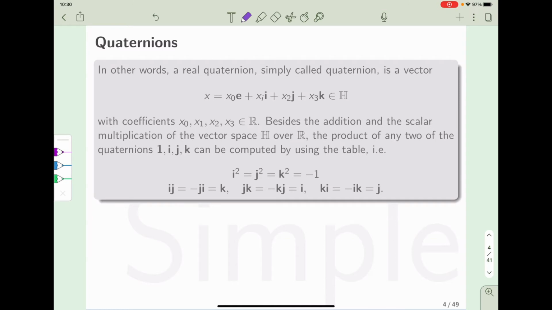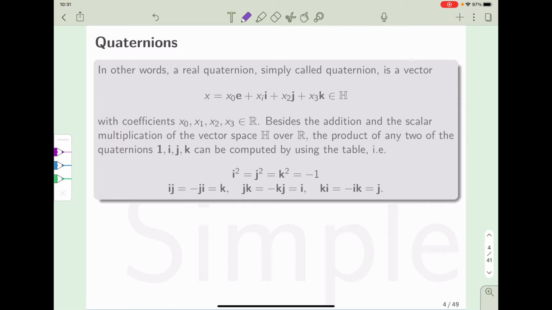In other words, the quaternions can be thought of as a four-dimensional vector space over the real numbers, but inside this vector space, not only do we have addition and scalar multiplication, but also we are able to multiply any two vectors by using the multiplication defined for basis elements together with the linear expansion.